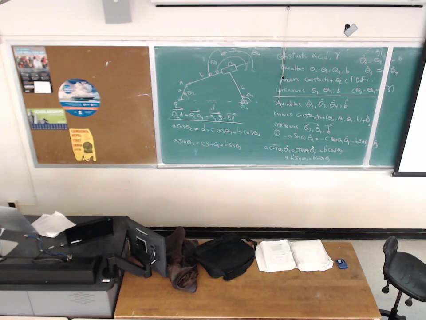The second equation is going to look like this: c cosine of theta 4, theta dot 4, plus b cosine of theta 4 plus gamma, theta dot 4, plus b dot sine of theta 4 plus gamma equals positive a theta dot 2 cosine of theta 2.